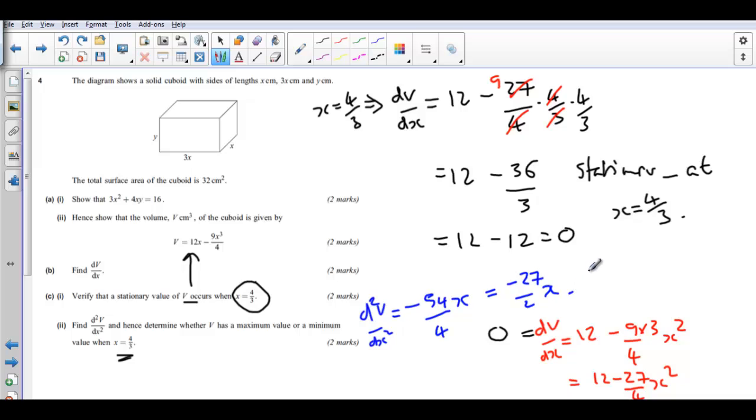Okay, and we're trying to use x equals 4/3. So if x is equal to 4/3, we've got negative 27 over 2 multiplied by 4/3.